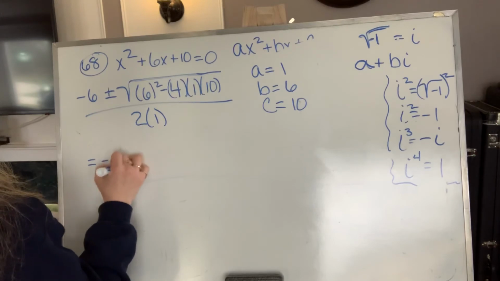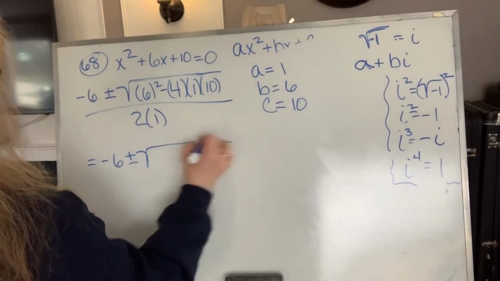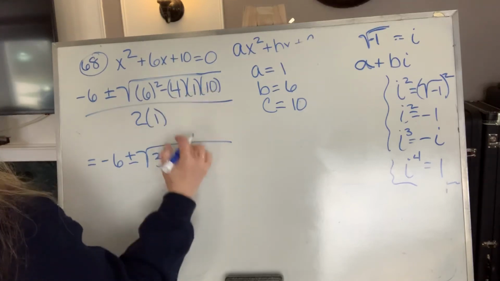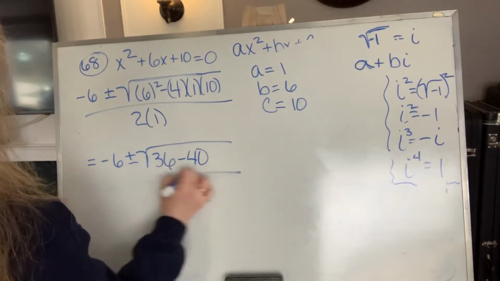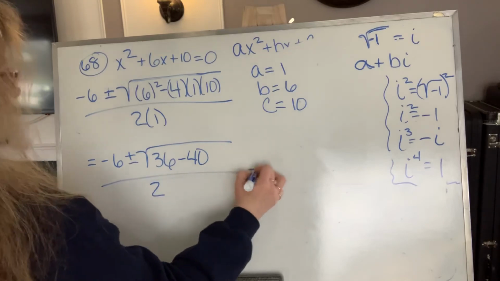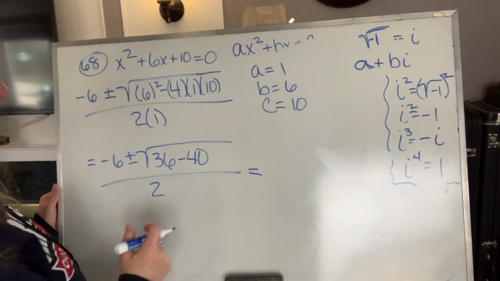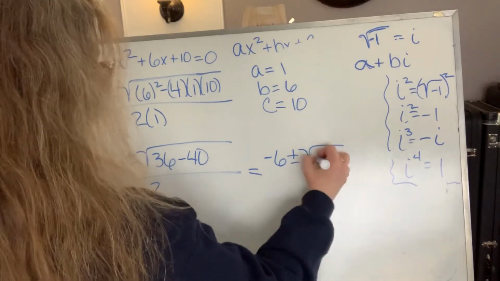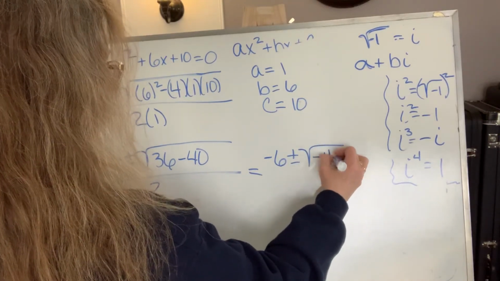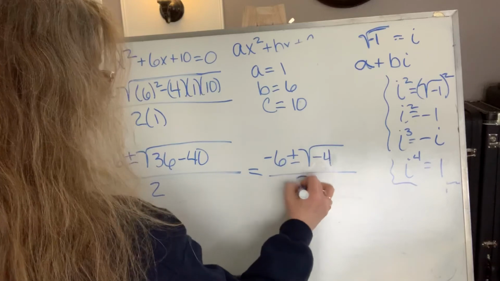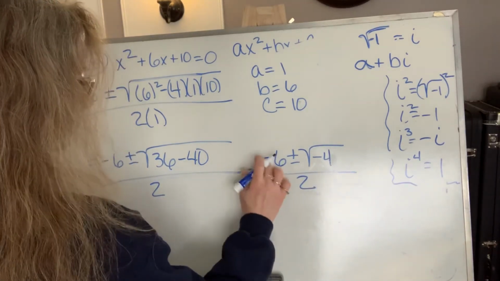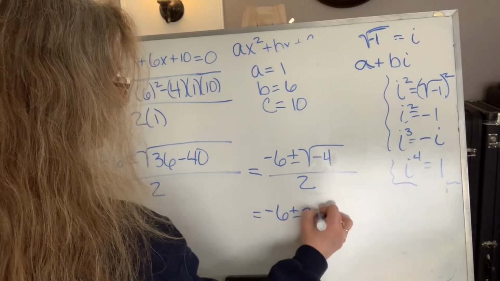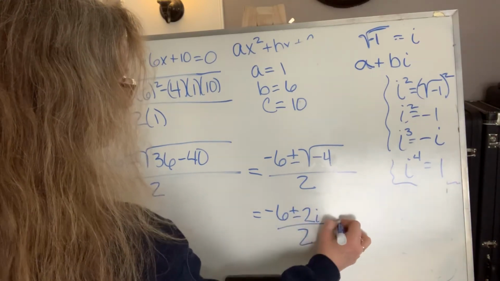So I have negative 6 plus or minus the square root of 36 minus 4 times 1 times 10, which is 40, all over 2. Not a big surprise that we have a negative sign here when we're talking about imaginary numbers. I'm actually going to end up with negative 4 again. So negative 6 plus or minus 2i all over 2.